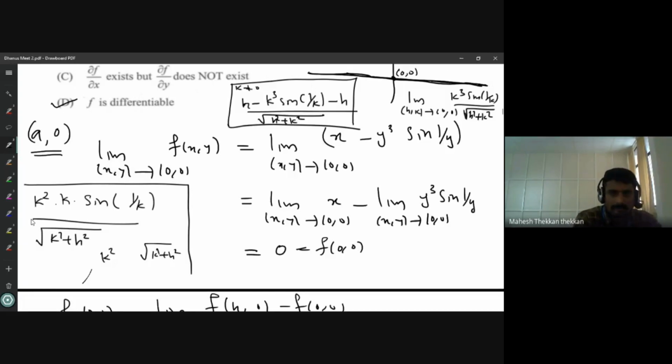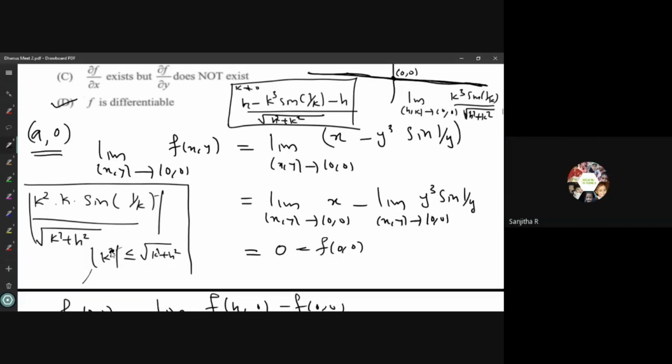Sorry, not k square, I have to take k. I will look at the modulus throughout. So modulus of k will be less than or equal to square root of k square plus h square. Is that correct or not?